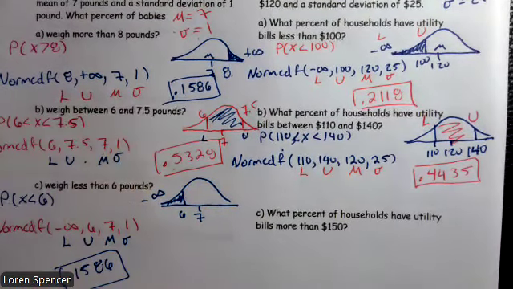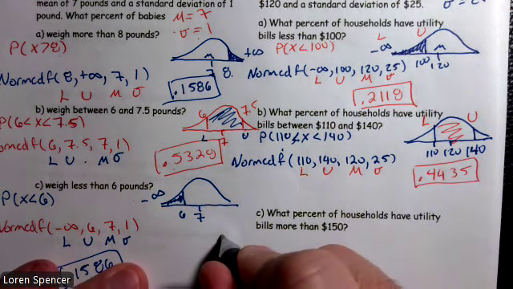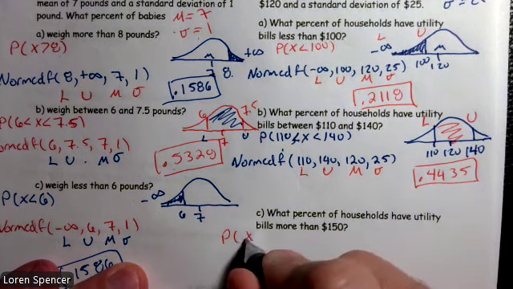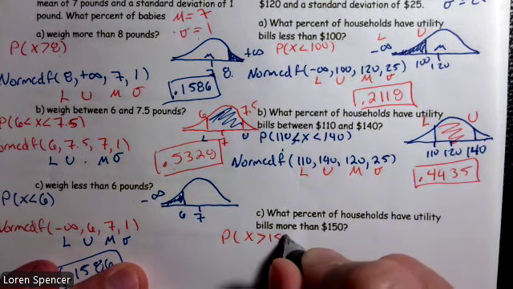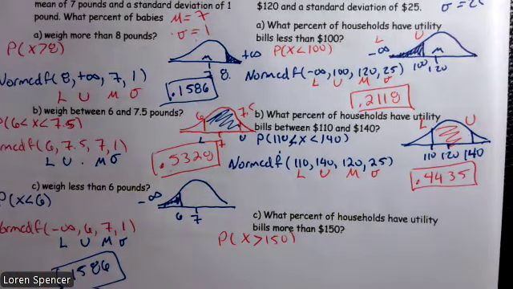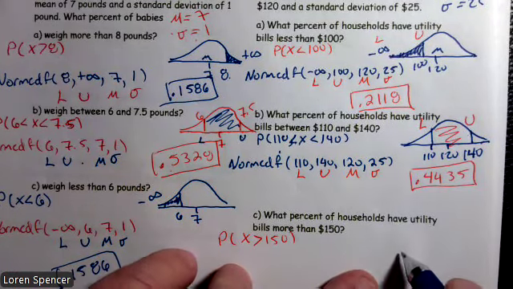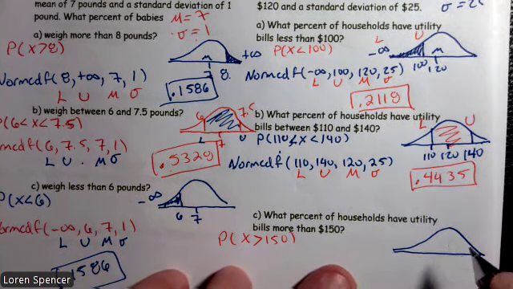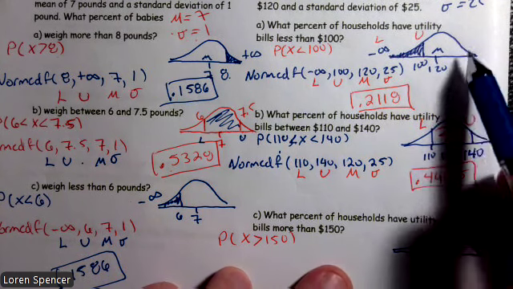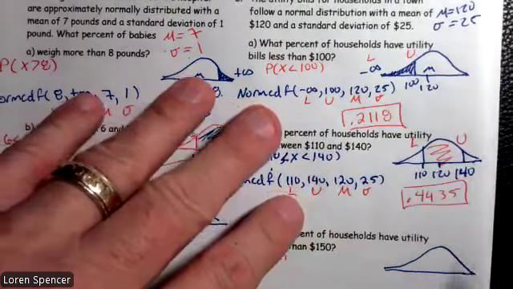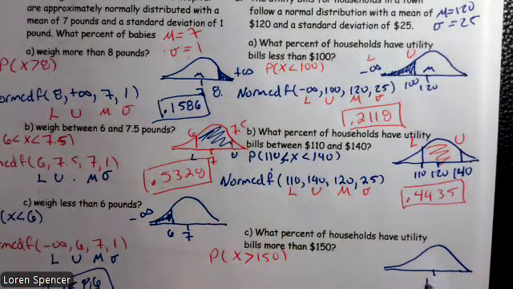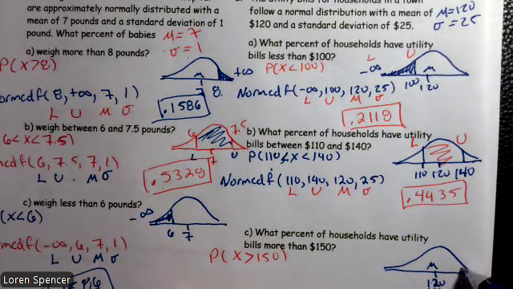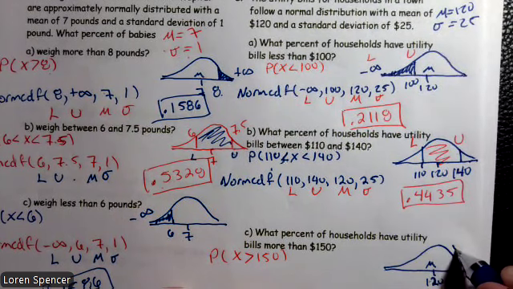What percent of households have utility bills more than 150? So in this case, we're looking for the probability that our utility bill, our X, is greater than 150. Up here, we established our mean as being 120. There's our mean, and we want the probability that it's more than 150.